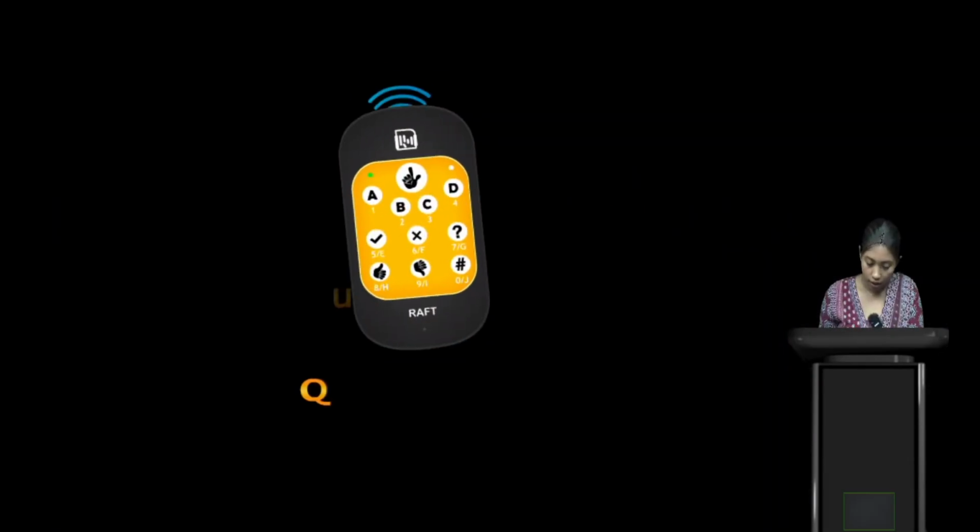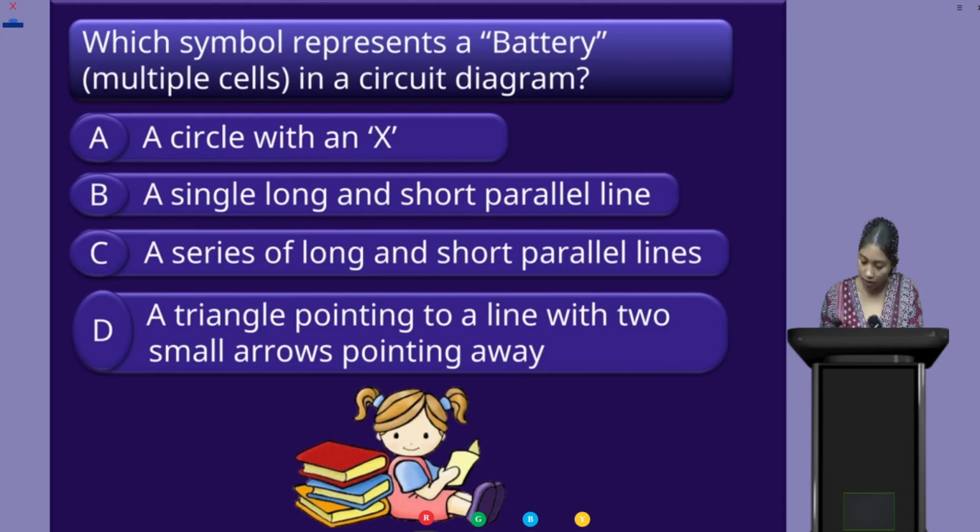Now, a question. A very easy question, and all of you have answered it yesterday also: which symbol represents a battery, that is multiple cells, in a circuit diagram?